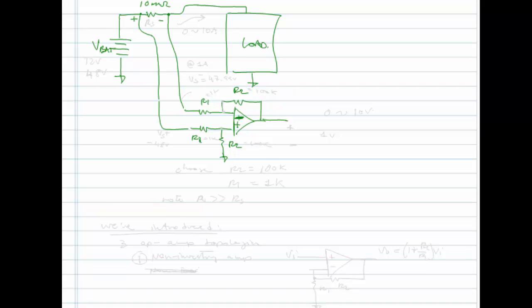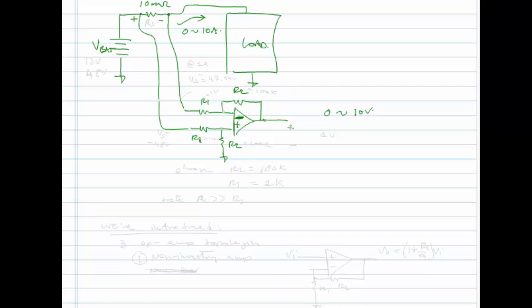So we want to measure something that is going to be 0 to 10 amps. 10 amps would produce a 100 millivolt drop, right? 10 amps times 10 milliohms is 100 millivolts. And let's say that I wanted an output that went from 0 to 10 volts. So a 10 volt output measured here would tell me that I've got 10 amps flowing to my load.